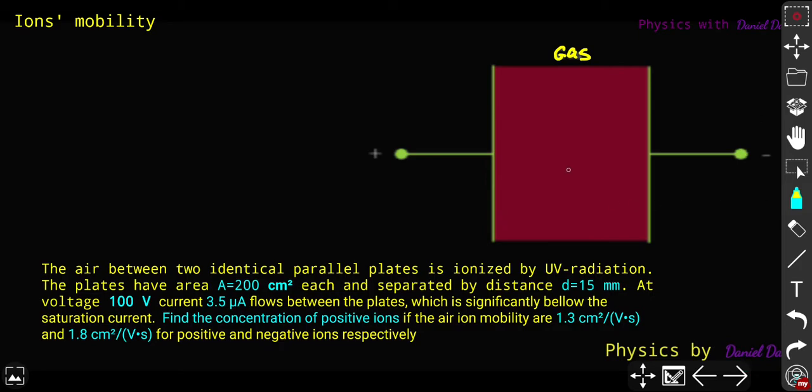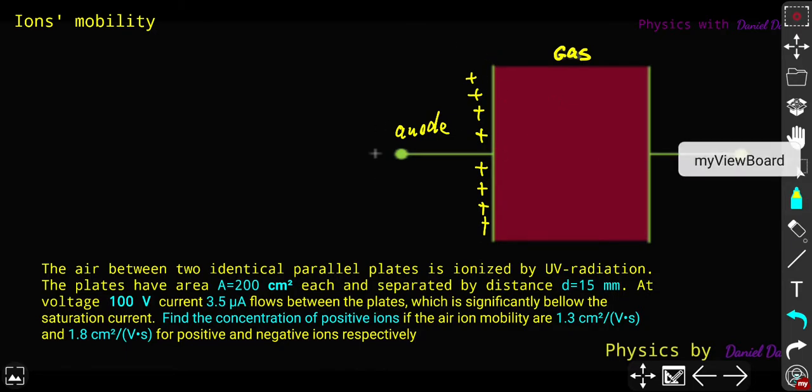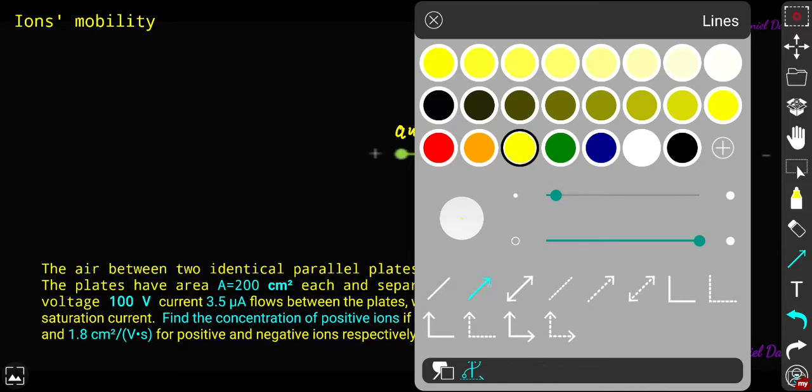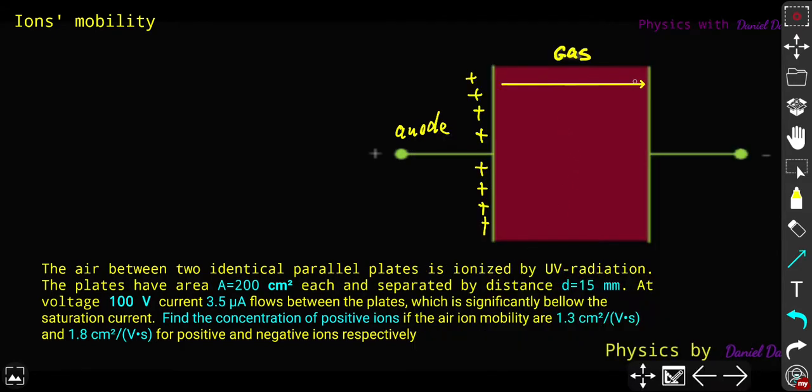So just switch to this slide where we can state that this is the anode, the positive electrode. So at this plate we have positive charges, because it's plugged to the positive terminal. Hence the electric field inside we can consider uniform.